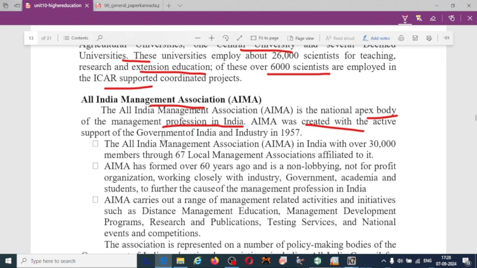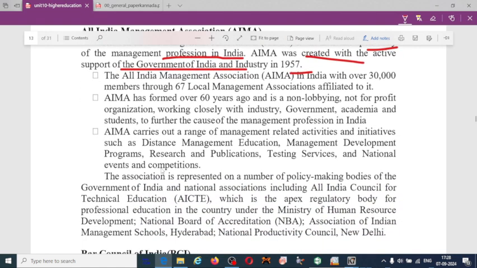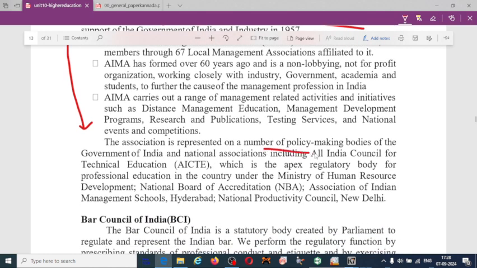AIMA was created with active support of the Government of India in 1957. So all the important points have been given here. The association is represented on a number of policy making bodies of Government of India.